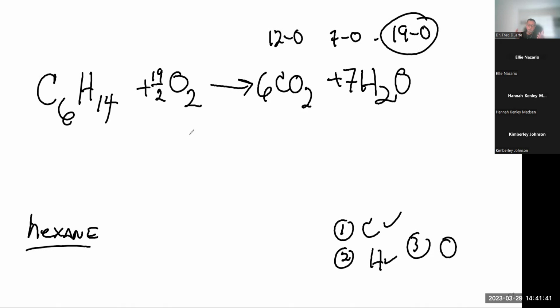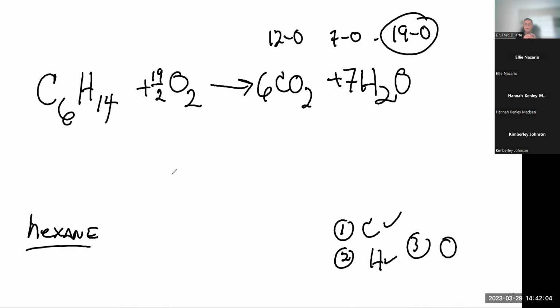And that will be okay, except those coefficients cannot be fractional numbers. They must be whole numbers. So what we do here to help us get to whole numbers, given that we need 19 oxygens, we put a 19 halves in front of O2.